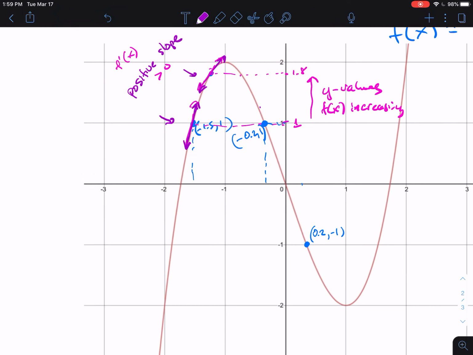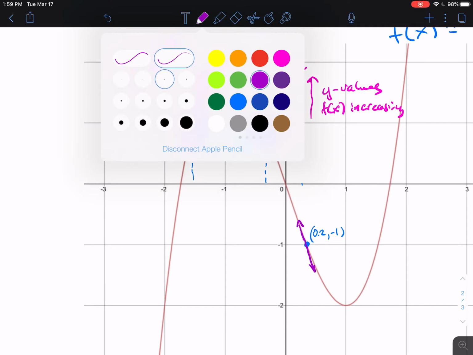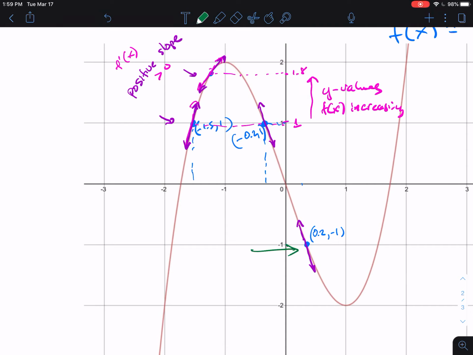So we got the slope of the tangent line, and that's going to be a negative slope. You remember from Math 120, and even down here is also negative as well. So we're going to say that these are negative tangent slopes, and that means f prime of x is less than 0.